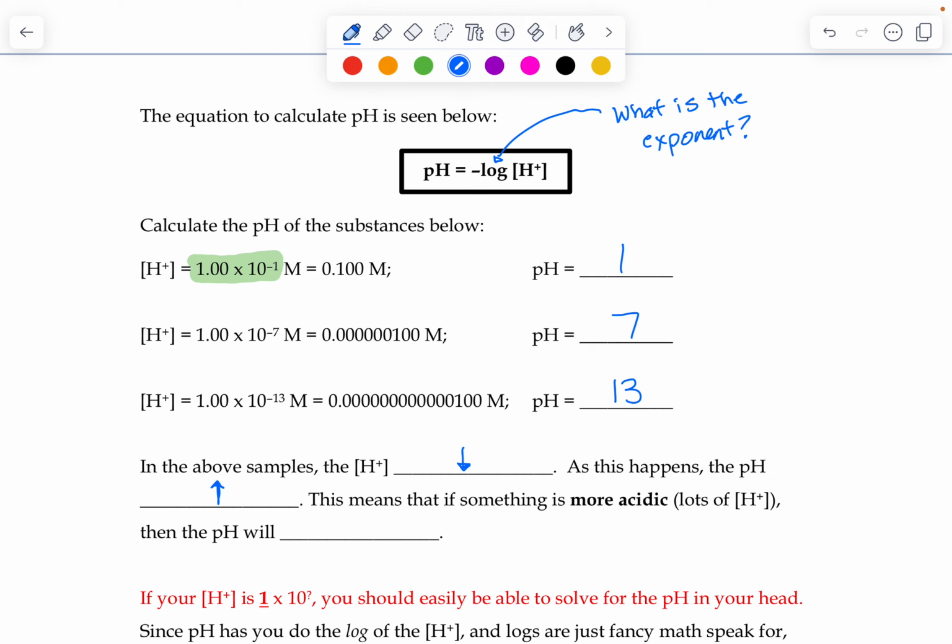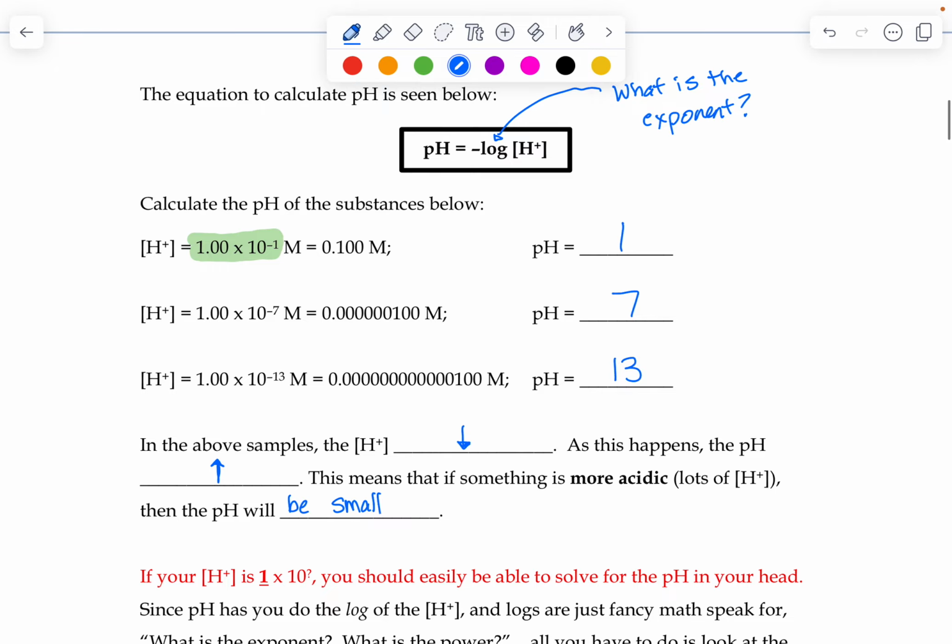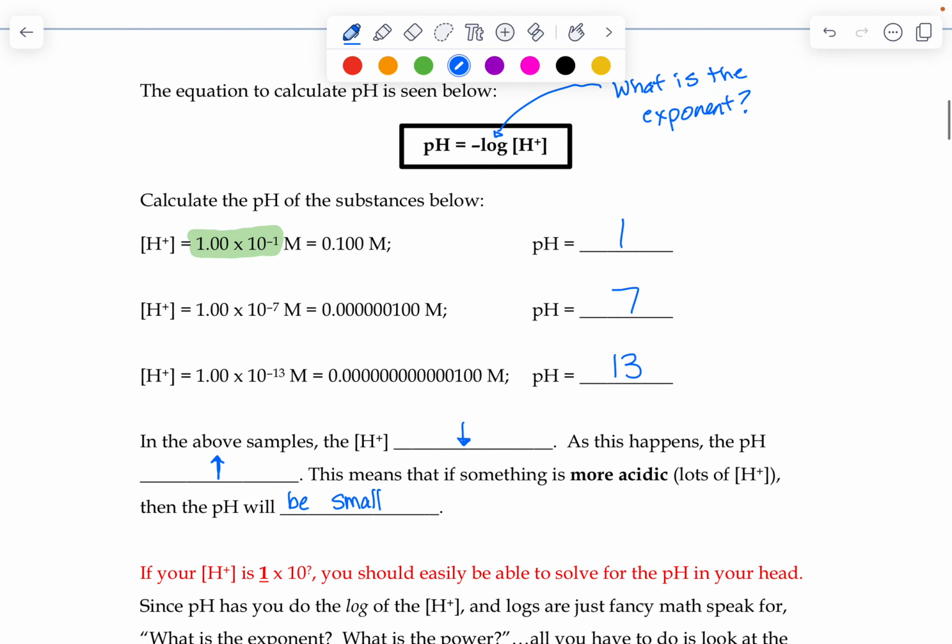This means if something is really acidic, if it has a lot of H plus, the pH is going to be a very small number, closer to 0. So if your H plus is 1 times 10 to the something, you should be able to easily solve for the pH in your head. We didn't need a calculator to do those problems up above.